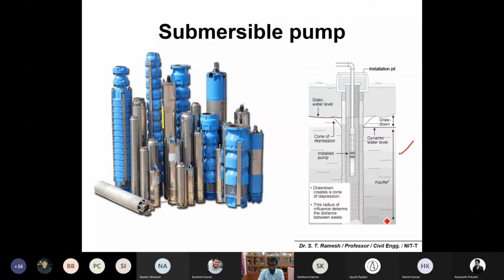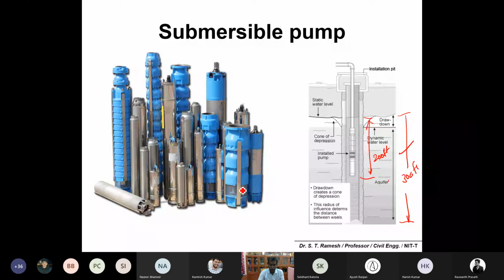Say, for example, your bore depth is about 300 feet. What you do is suspend the submersible pump at the level of 200 feet. This could be the storage of water from the aquifer, and whatever you pump out, it will come out.